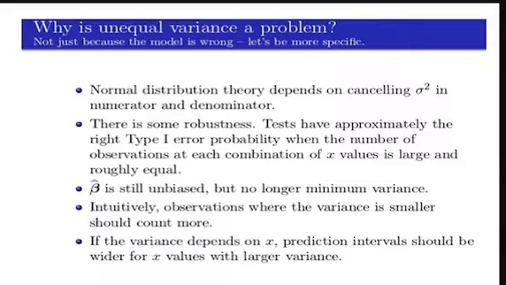Now, intuitively, observations where variance is smaller should count more. Do you know the observations where variance is smaller? Those are the ones that are more informative. They're going to have a huge weight and less variance.